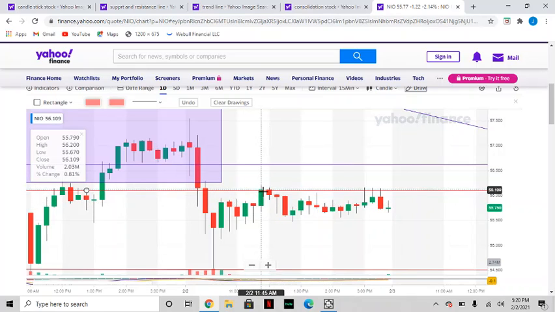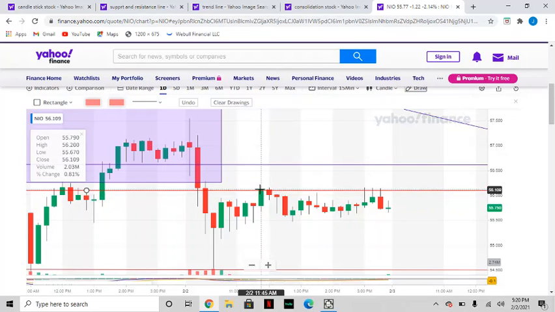So for example, here we have a high of $56.20. That would be at the top of that green candlestick, at the top of that wick. The closing price on this candlestick was $56.10, at the top of that green candlestick.